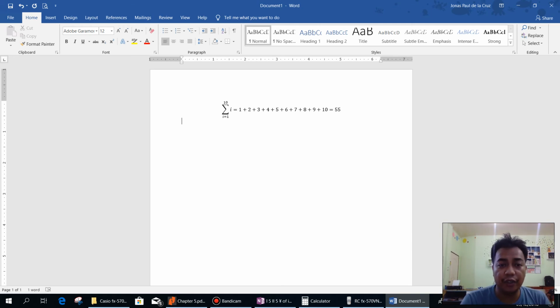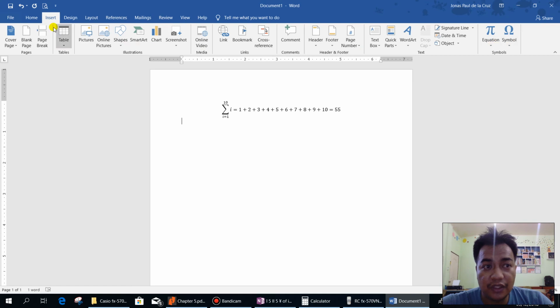Pero meron ding shortcut method, okay? Instead of doing insert equation, you just press alt and then plus. Okay? Yung sa plus sign.